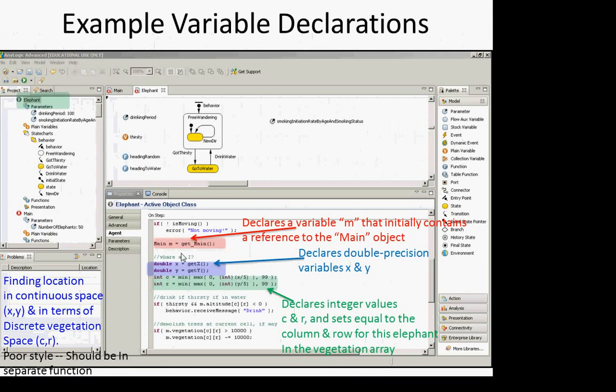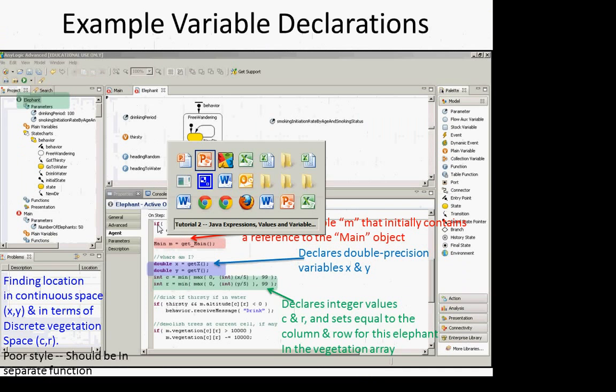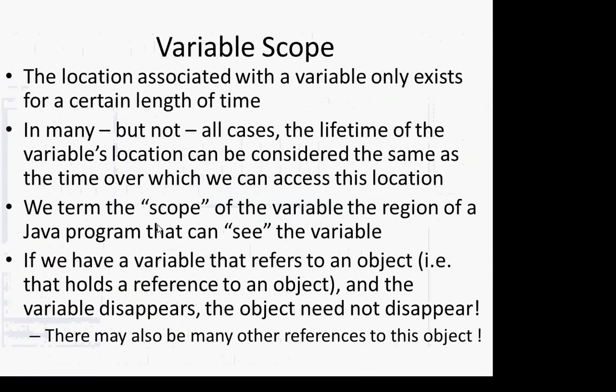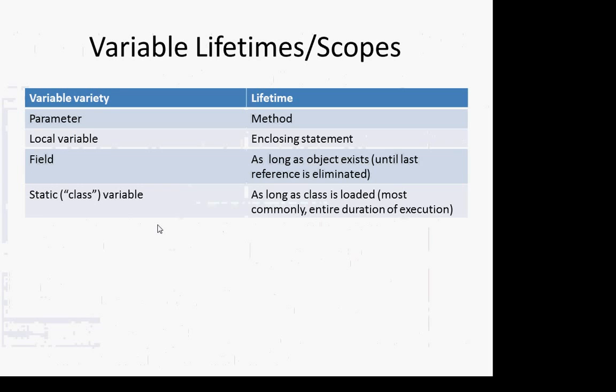If you were to put code elsewhere in this object, it couldn't see M because this is code purely associated with this one step. So when we have a variable, you can only see it in certain places. And so parameters you can see within the method, and local variables you can see within the statement with which they're enclosed. Fields, as long as the object exists, you can reference them, and static class variables as long as the class is loaded.